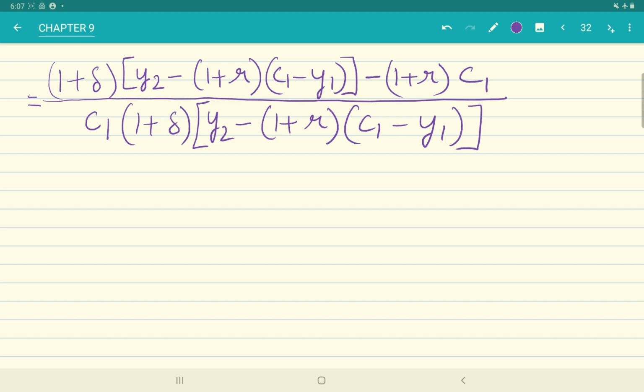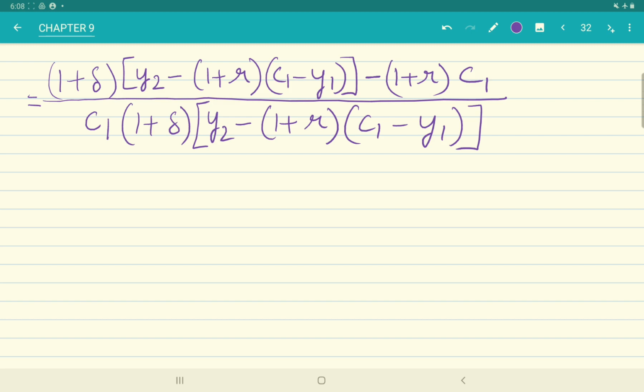So that means we have to think of what is C1, and once we get C1, we will examine what is the optimal borrowing or lending plan. And when I say optimal, that means the one that maximizes the utility function.